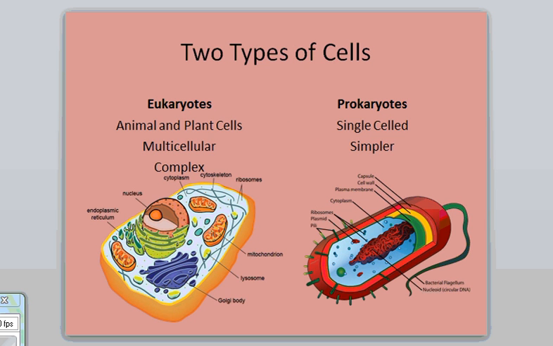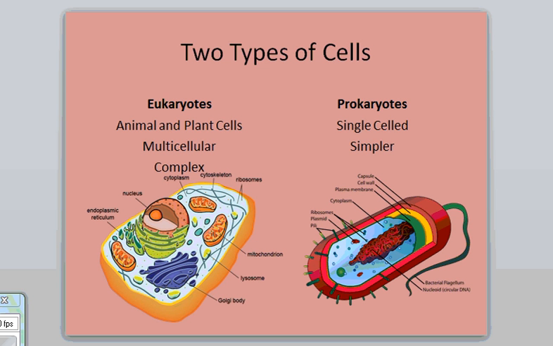There are 2 types of cells. Even though we have 2 types, each cell you can see has a plasma membrane, the ribosomes, the DNA, and also the cytoplasm. Eukaryotes are cells that make up you. Eukaryotes, you.